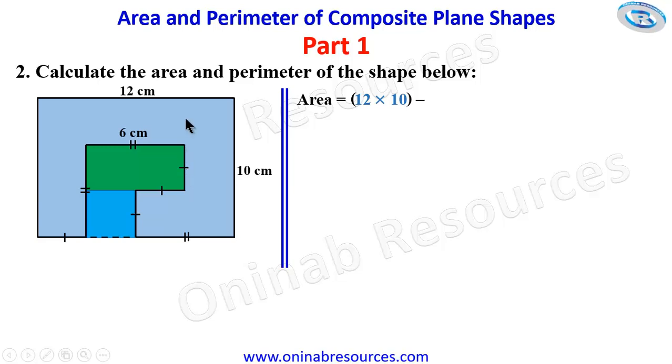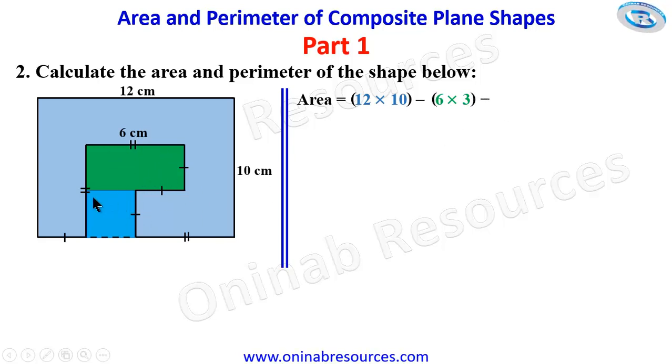How do you get the value of this? From up down here to this place is the 6 centimeters as indicated here. So since this is equal to this, it means 6 divided by 2 will give us 3. So this is going to give us minus 6 times 3, taking care of the area of the small rectangle.